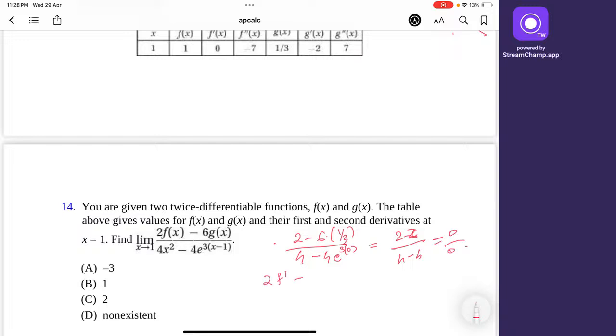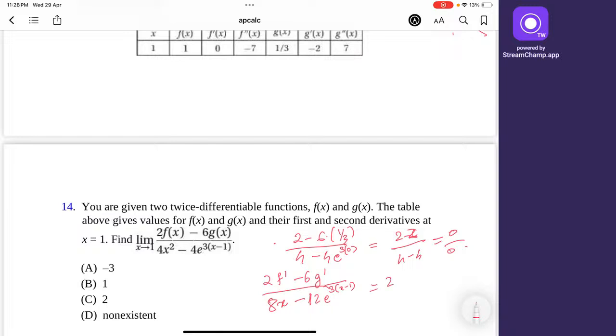So 2f dash minus 6g dash over 8x minus 12 e power 3x minus 1.